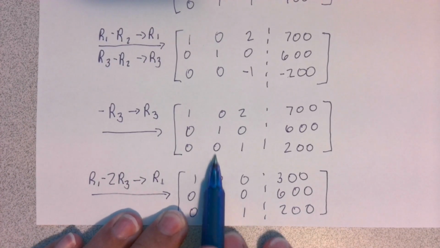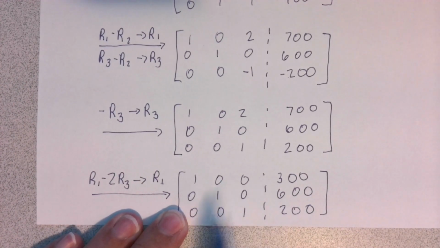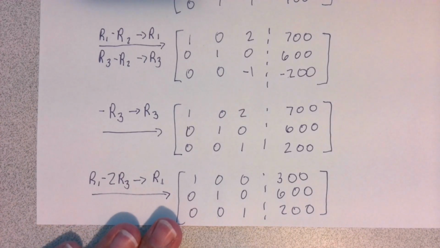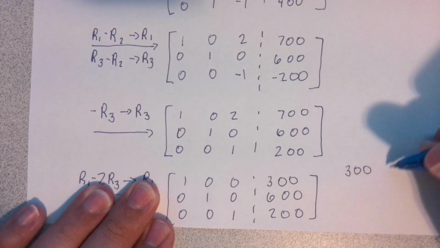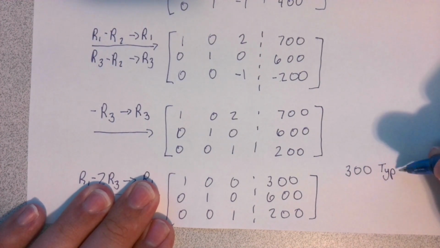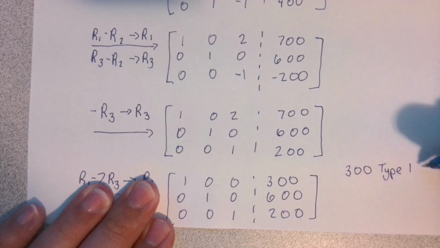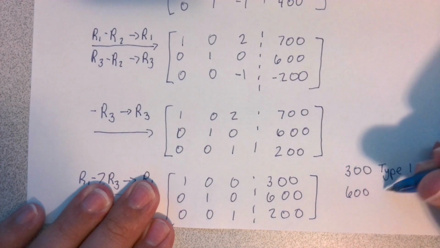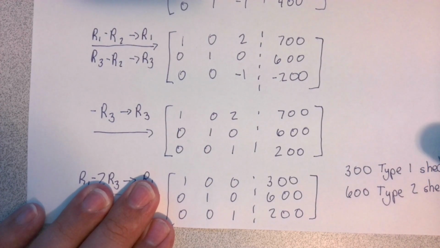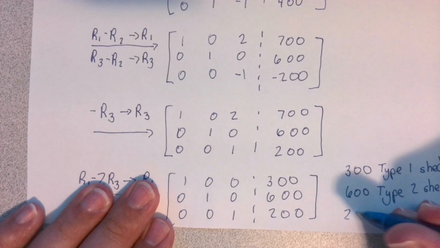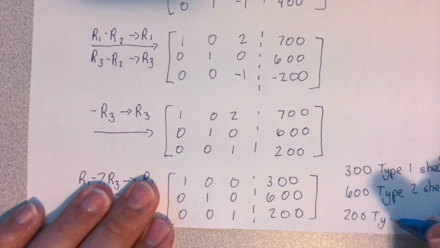This column was keeping track of type 2, so we can make 600 sheds of type 2 and 200 sheds of type 3. So 300 type 1 sheds, 600 type 2 sheds, and 200 type 3 sheds.